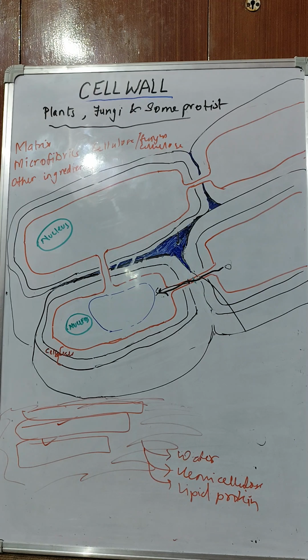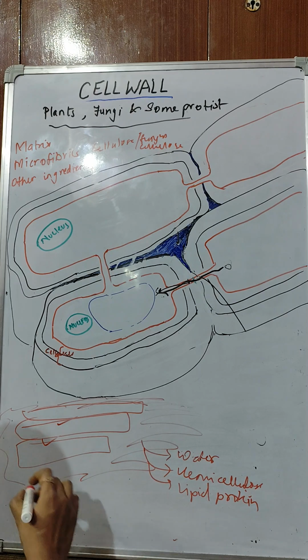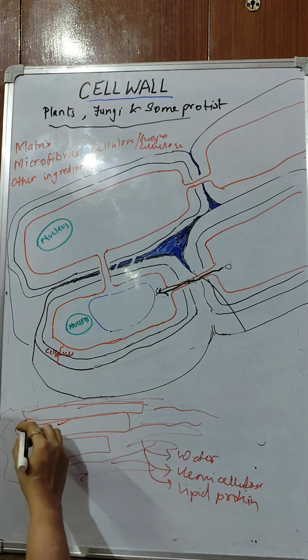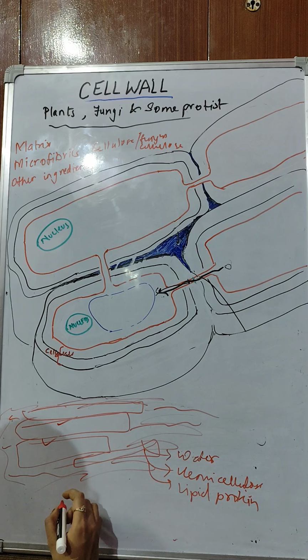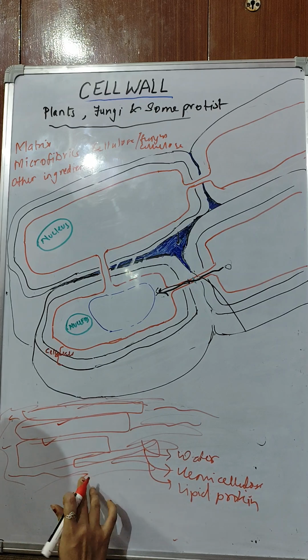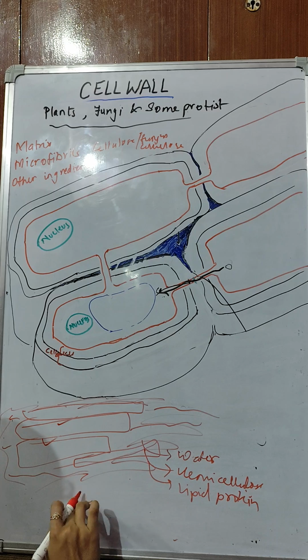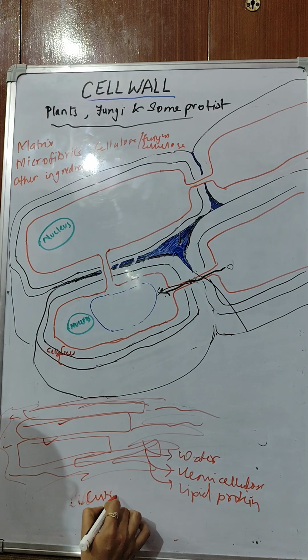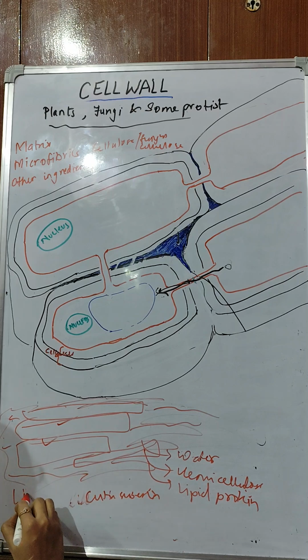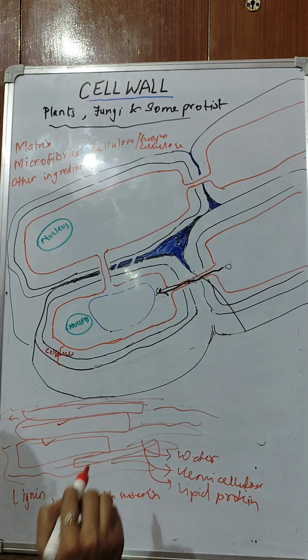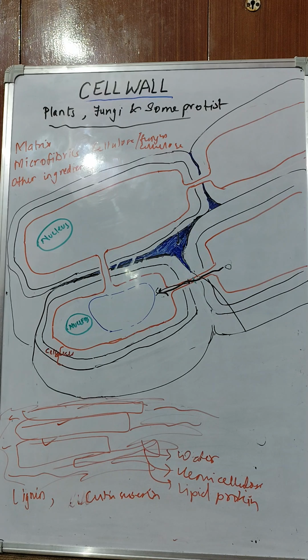Now next you will see other ingredients. These are present in the matrix. All the microfibrils are present in the matrix, and there are other ingredients also present, such as cutin, suberin, lignin, then silica, some minerals like iron, calcium carbonate, then waxes, tannin, resins, gum.